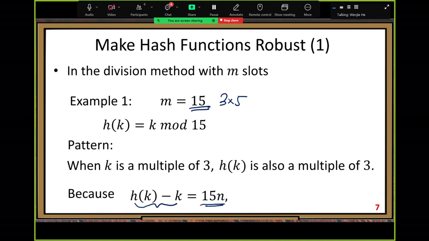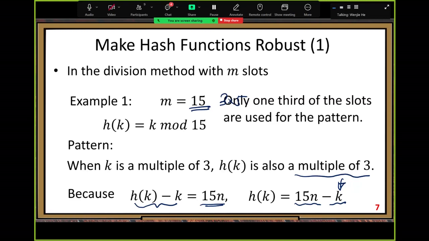So h of k equals k minus 15 times the quotient, but k is a multiple of 3, so you can factor 3 out. So h of k must be a multiple of 3.